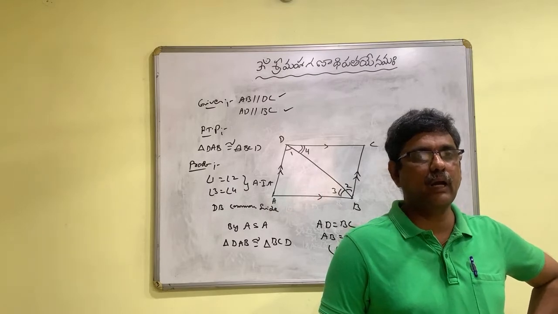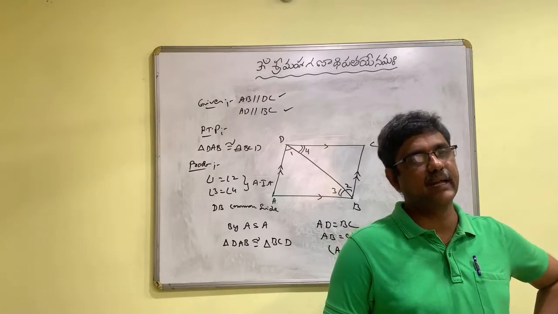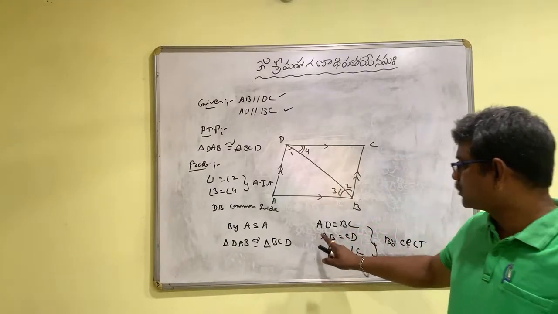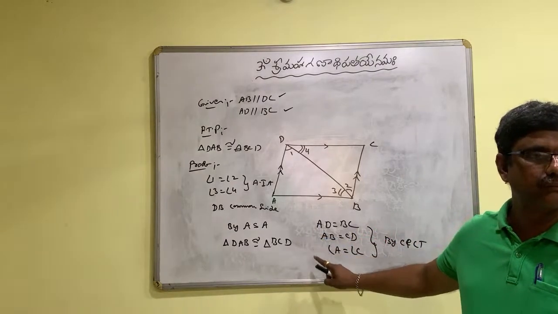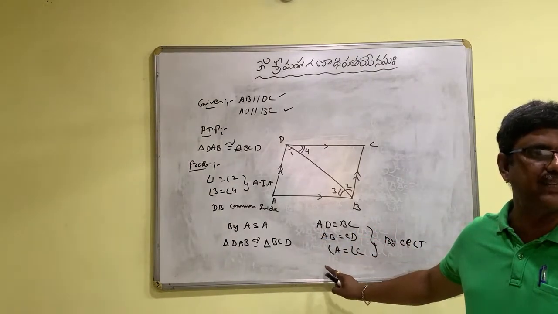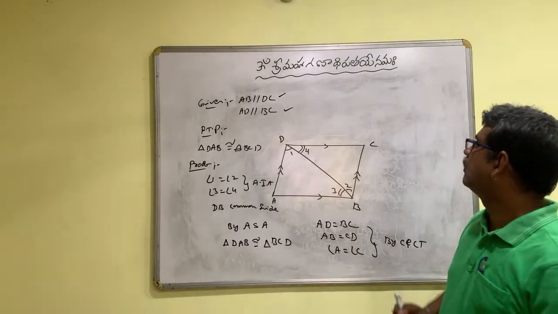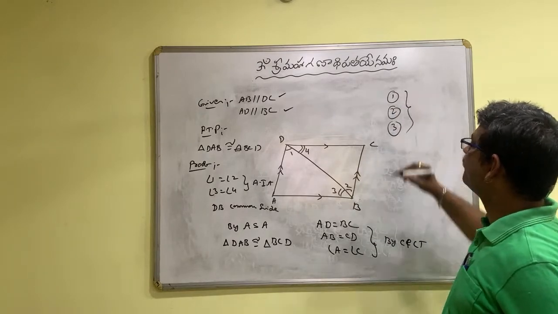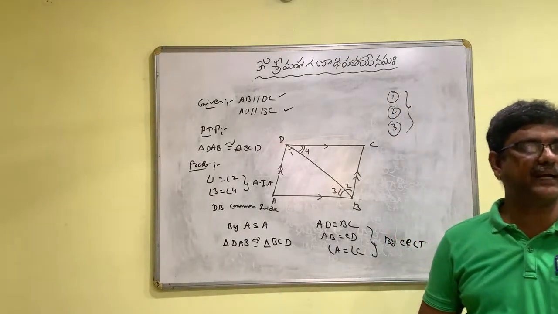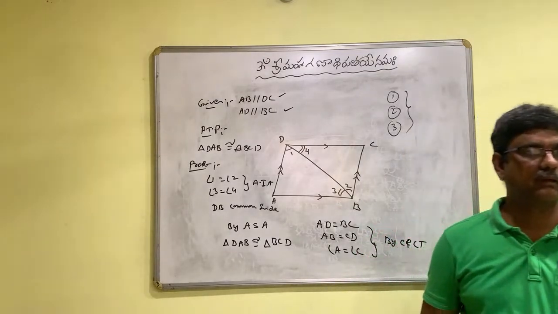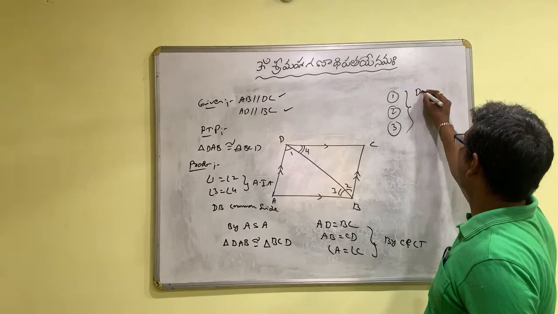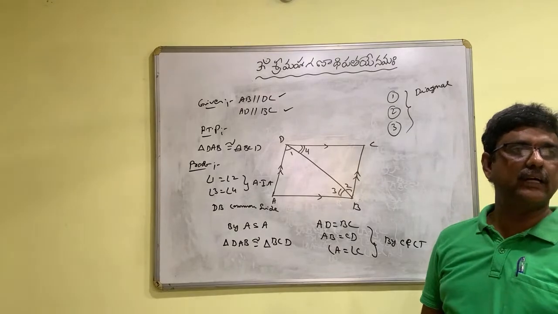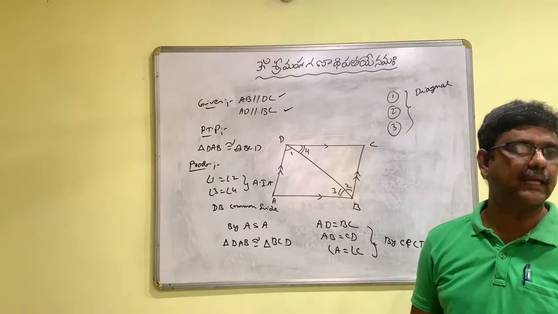Diagonal divides parallelogram into two congruent triangles. That is over. Opposite sides are equal. That is also over. And opposite angles are equal. That is also over. So with one proof we have done three properties. That is what you have to understand. First property, diagonal property: each diagonal in a parallelogram divides it into two congruent triangles.